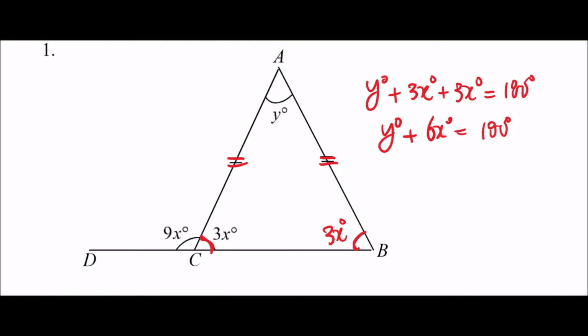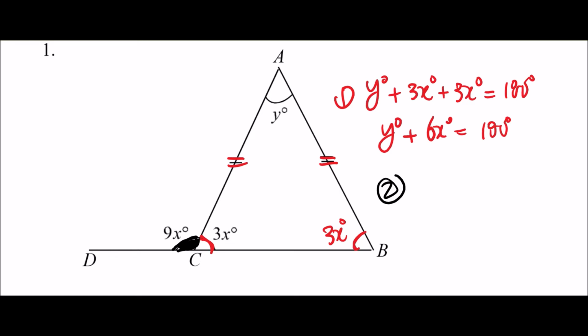Now I also spot an exterior angle over here, right? And it's labeled as 9x degree. So based on the first property, based on the second property that we've learned, what can we do with this 9x degree? Well, we're going to use the property exterior angles equals to sum of opposite interior angles.